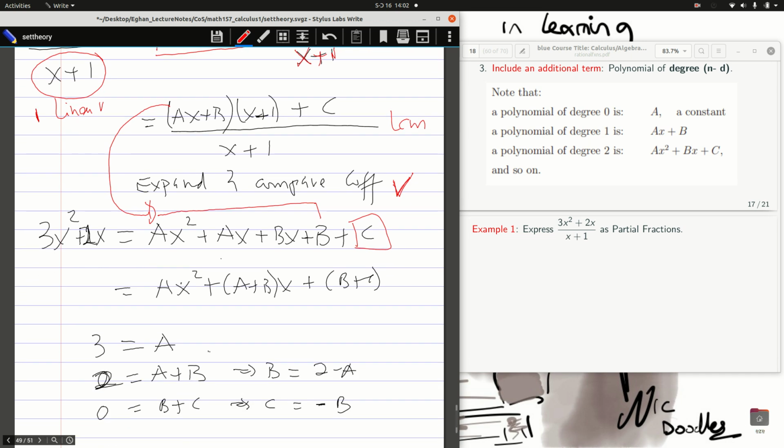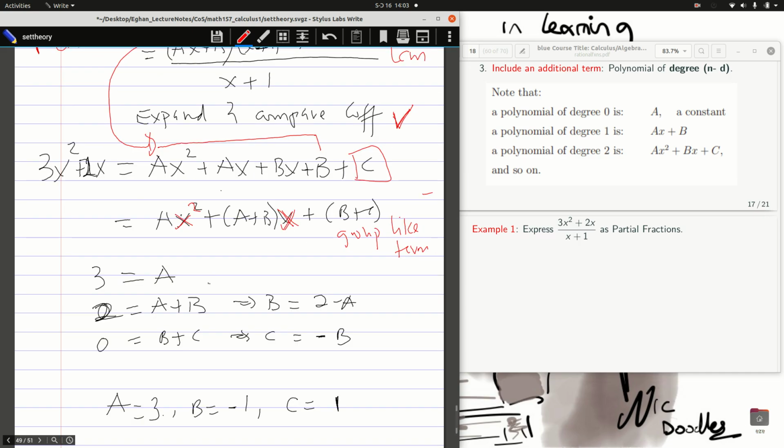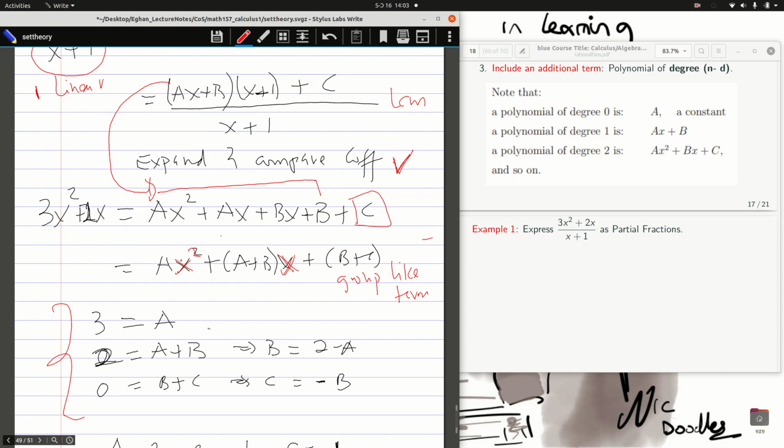Now what I did was to group like terms. So those with x squared, those with x, and then those as constants here. Now when I compare the coefficients, we are still in partial fractions. When I compare the coefficients, you realize that the x squared here can be compared to this guy, the x part will be compared to these ones, and then the constant will be equated to 0.